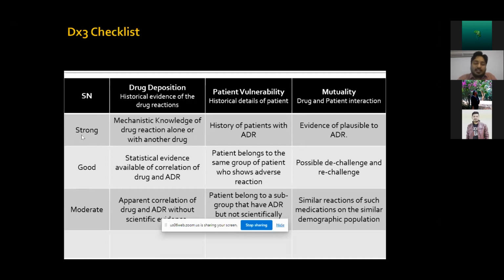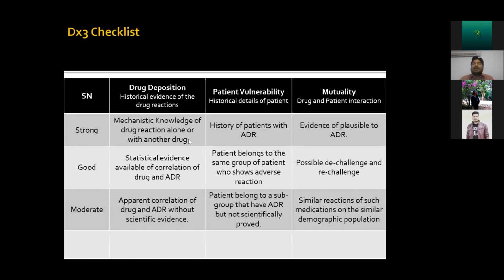For the same drug reaction and drug, if you have no mechanistic knowledge, but you have statistical evidence available of correlation of drug and ADR, it means that it has a good causal association. If you have an apparent correlation of drug and ADR without scientific evidence, if you come up with this knowledge about the drug and event pair, it means that the association will be a moderate level association.